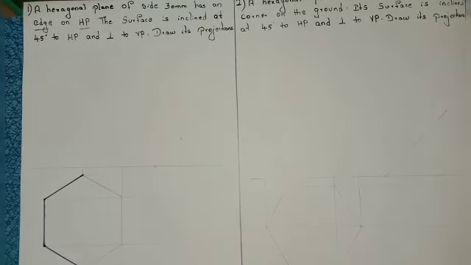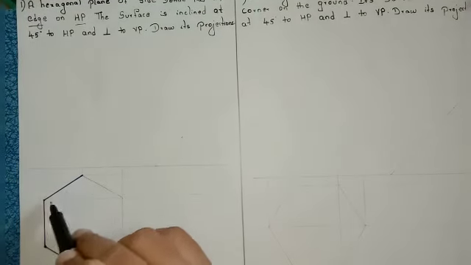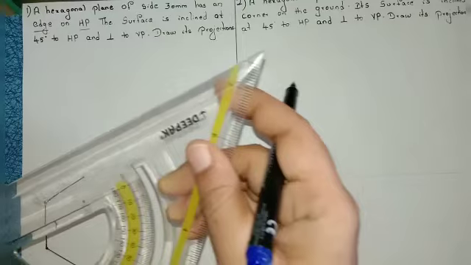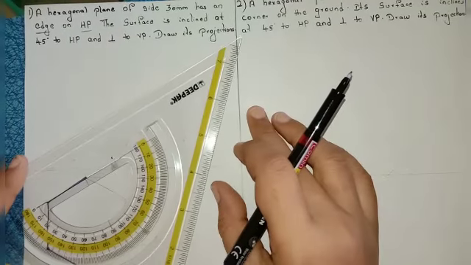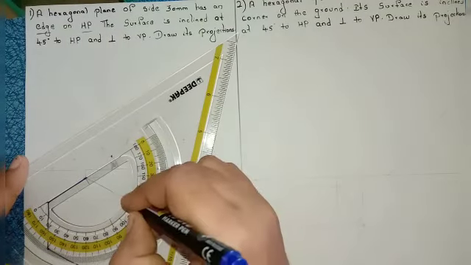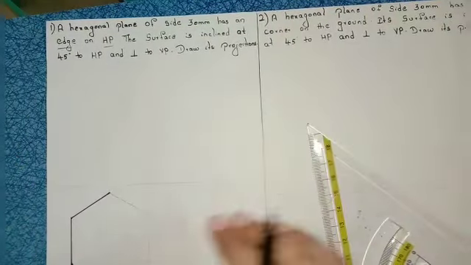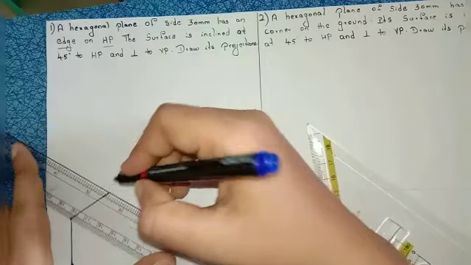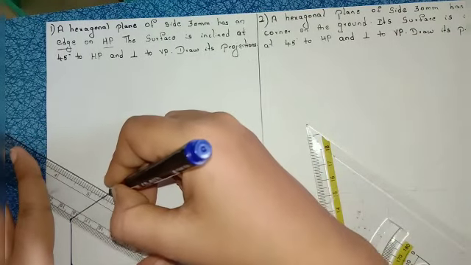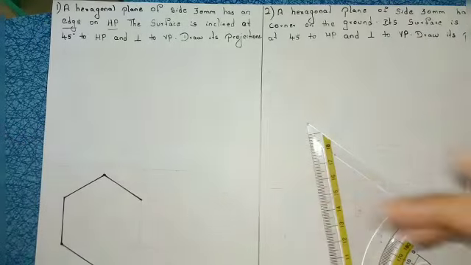Again, now place your protractor on this line and mark 120 degrees. Now length is how much here? 30 mm. All sides of the hexagon should be equal.